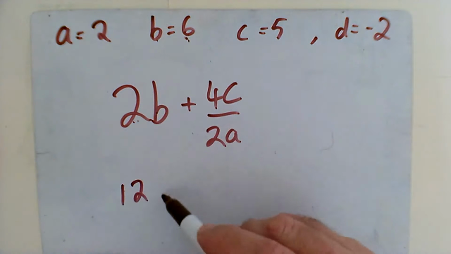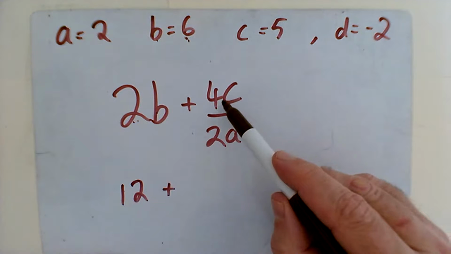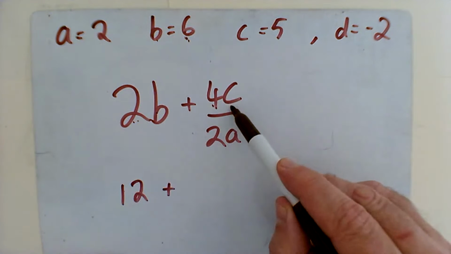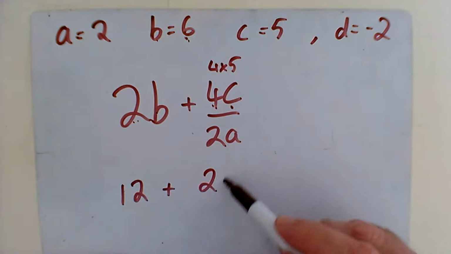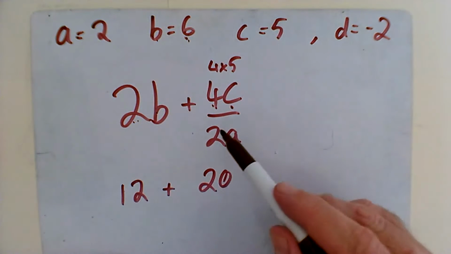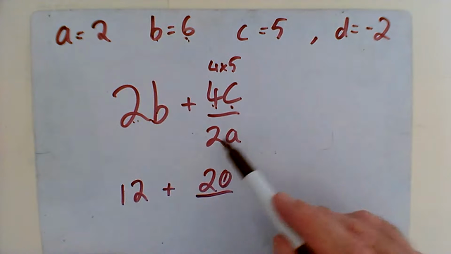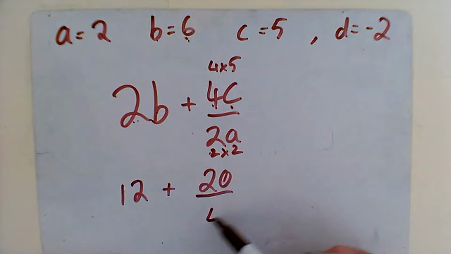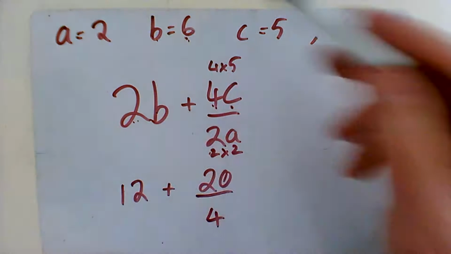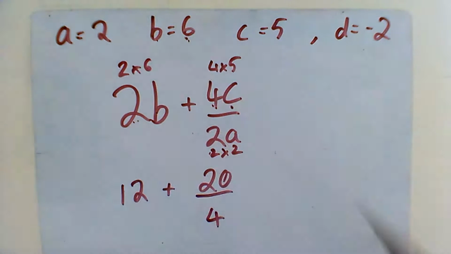This becomes 12 plus 4c, 4 times c. c is 5, so this becomes 4 times 5 is 20. Okay. And then this goes over 2a. So a is 2, so it's 2 times 2, 4.